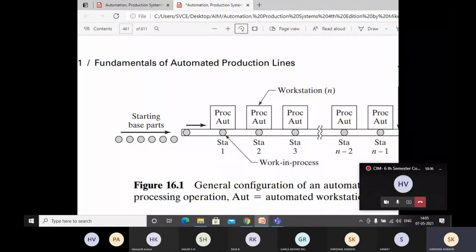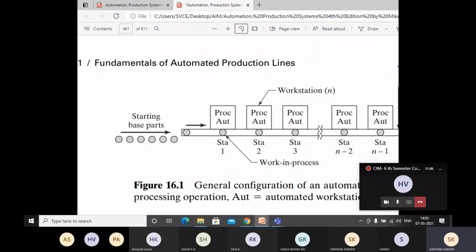And other one, what are the benefits? Already I told you the benefits will be low amount of direct labor. The labor involvement will be very less. So definitely the cost of the product will be very less. And low cost of the product, as I told you, the entire investment and inventory of the entire industry will be distributed over the product.